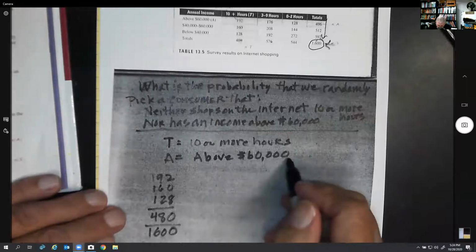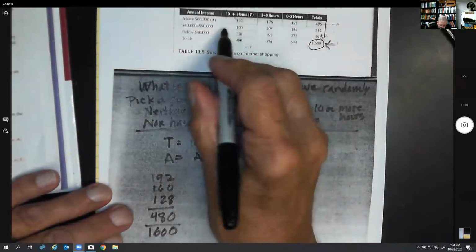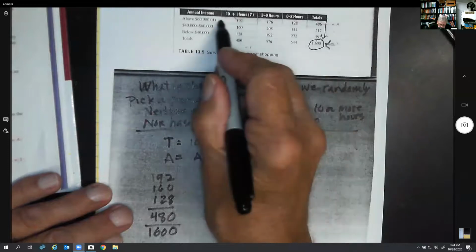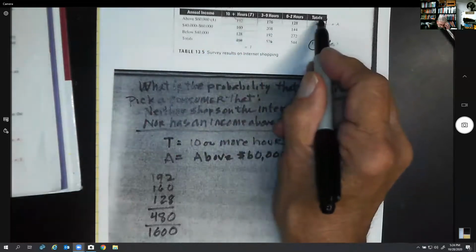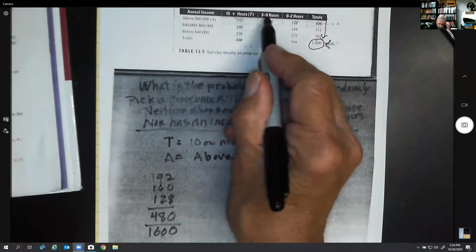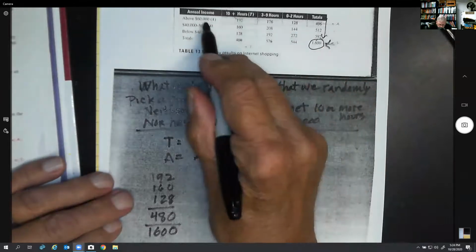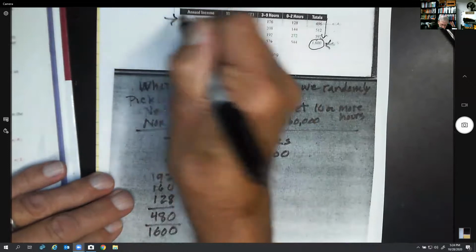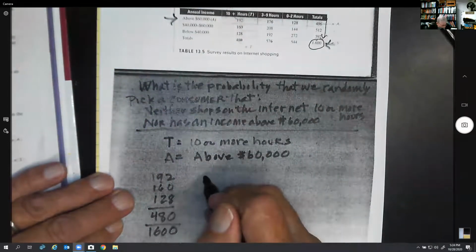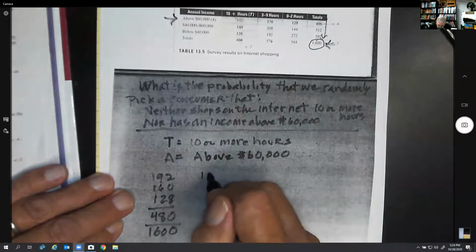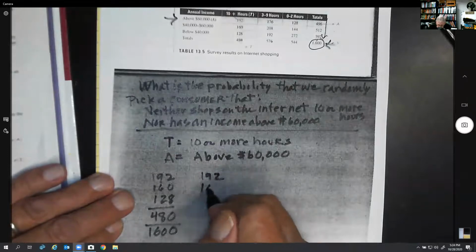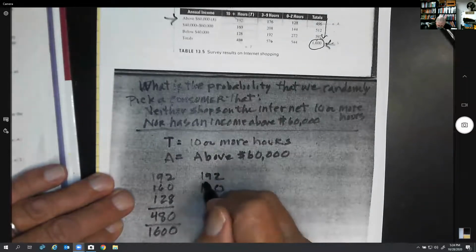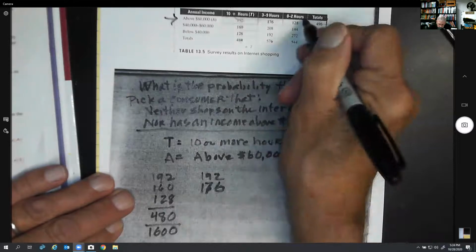How many people are there above 60,000? All these people going across this way are above 60,000. They might spend fewer hours on the internet, but they all make above 60,000 going this way. So we're going to add all those numbers together. There's 192, 160, 176, excuse me, and 128.